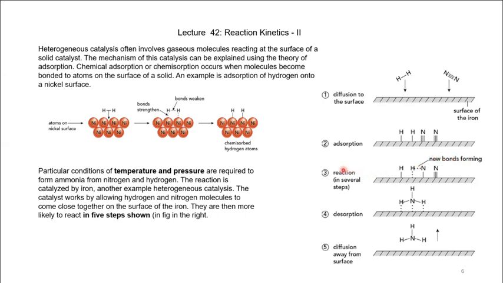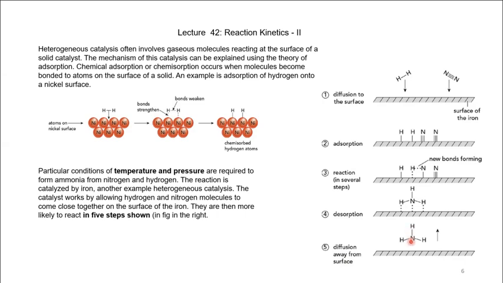The reaction is in several steps: weakening bonds, forming new bonds, and so on. Then the next step is desorption, where ammonia is formed with weak bonds to the surface of iron, and then finally diffusion away from the surface.